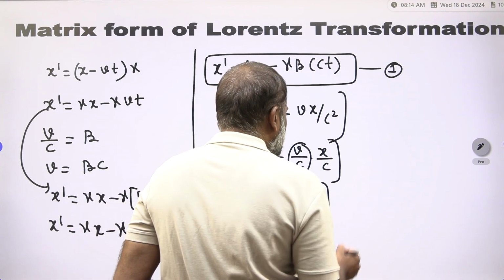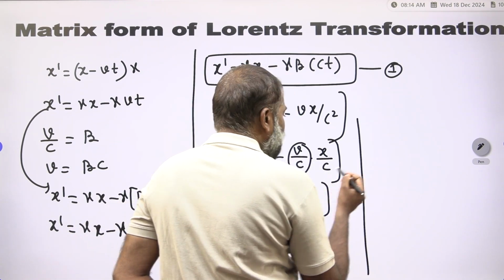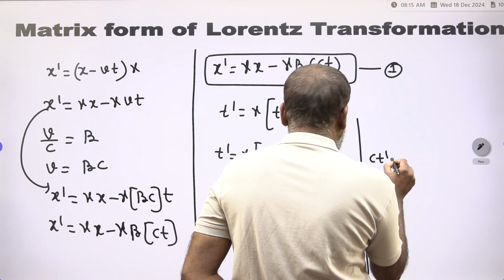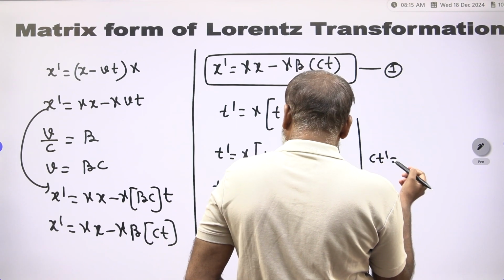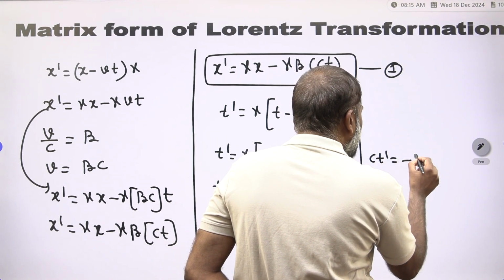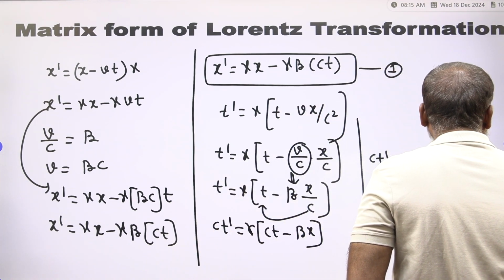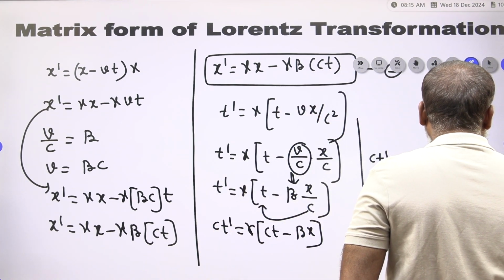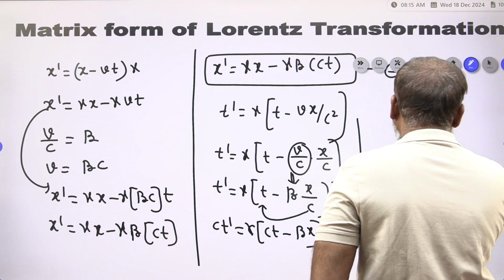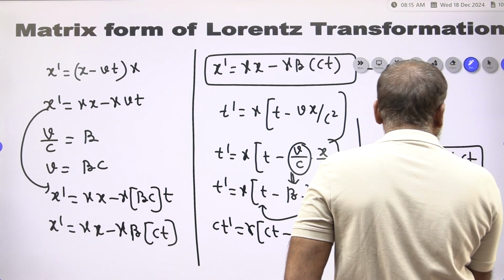Therefore Ct dash is equal to minus beta into x plus gamma into Ct. This is the equation number 2.